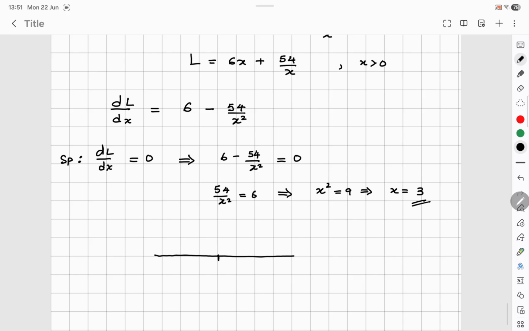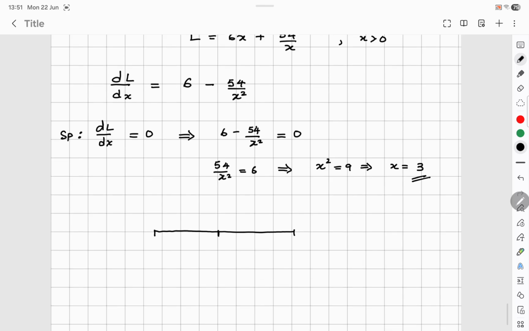So we'll just show that this is a minimum by using the dL over dx sign. 0, 3. So between 0 and 3, what is the derivative sign? Substitute any value less than 3, between 0 and 1. You get what? Minus. And after 3, I can put like 4, and I would get 54 over 16, this is positive, no? So what's this shape? Decreasing, increasing. This is a minimum, no?